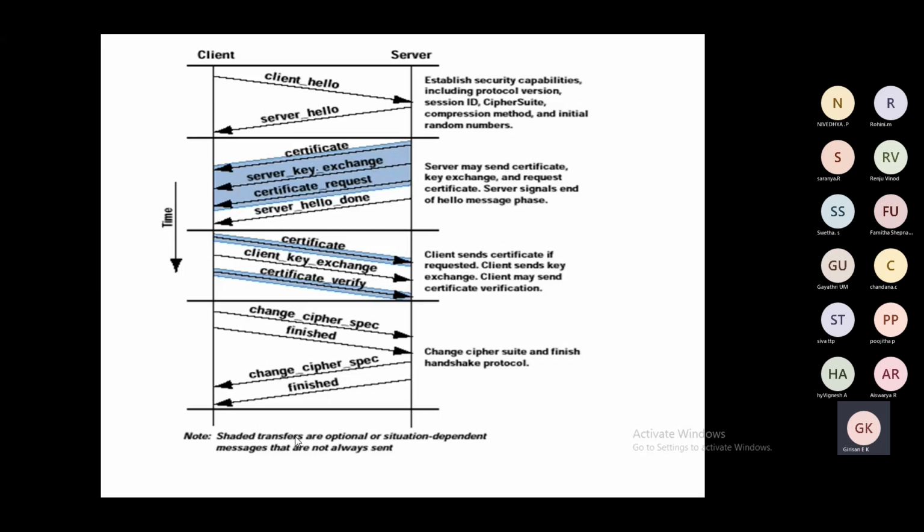It may be any one certificate under the X.500 series, probably X.509 digital certificate, and all these things are given to the client. This is the second phase of the handshake protocol. The first phase is client hello, server hello, and the second phase is the server giving the certificate, key exchange, certificate request, and server hello done.